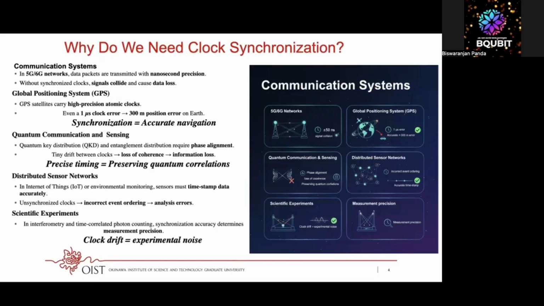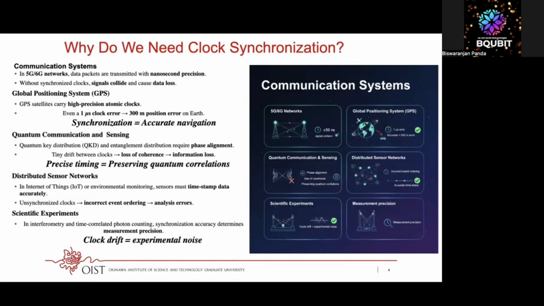So it will give a different analysis, a different ordering of your measurement times. This is a big problem in our advanced technology of quantum cryptography, quantum communication, quantum teleportation, in every field. So in conclusion, precise timing equals preserving quantum correlations.